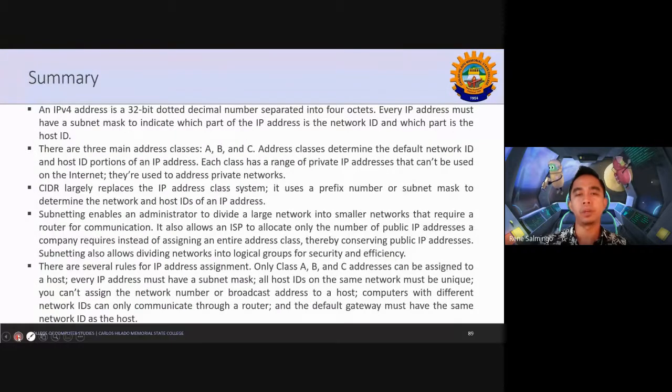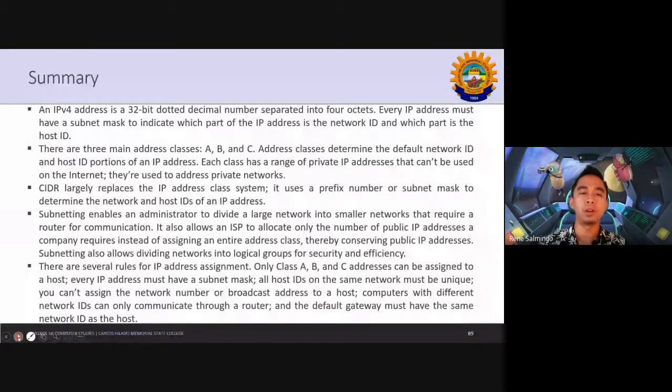As a summary to end our lecture today, an IP version 4 address is a 32-bit dotted decimal number separated into 4 octets. So this makes it 32 bits. And every IP address must have a subnet mask to indicate which part of the IP address is the network ID and which part is the host ID.